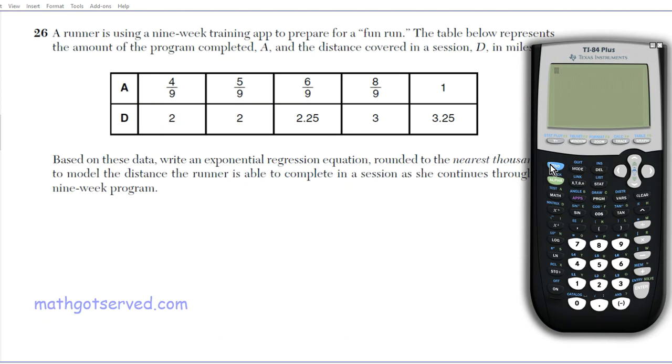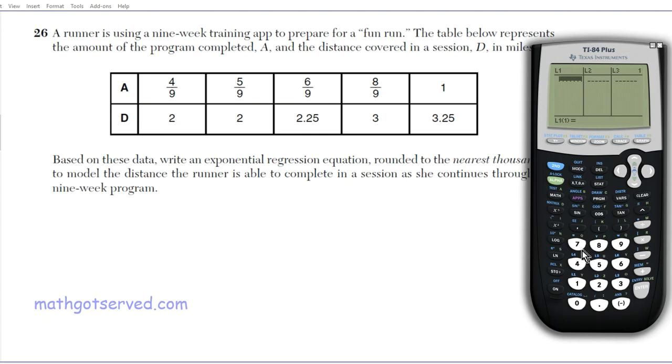So just by pressing statistics, we can get access to the list. Under edit, just press enter. So you have list 1, 2, 3, 4, it goes on and on. We're just going to use two lists here. Okay, L1 represents A and L2 represents D.